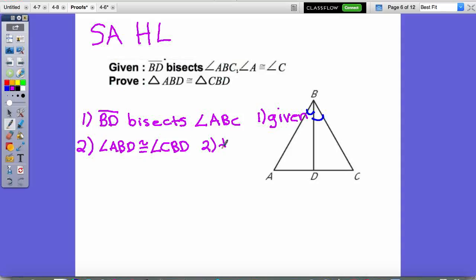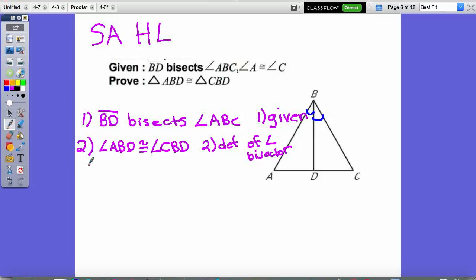And that is the definition of an angle bisector. Okay, and I told you once again that if you're told that a segment bisects an angle, your next step is probably that you have two congruent angles using definition of an angle bisector.